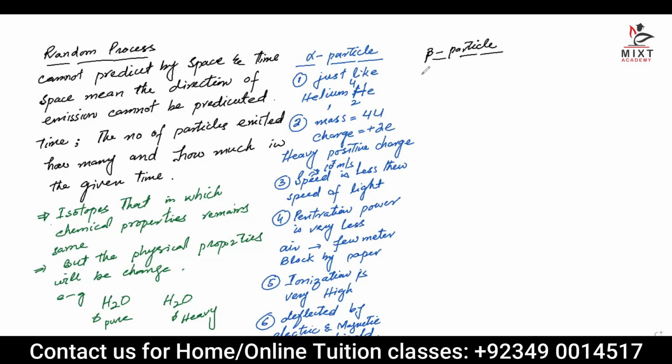Now let's discuss the beta particle. Number one, it is just like an electron. So electron means minus one charge, so its charge is minus e.